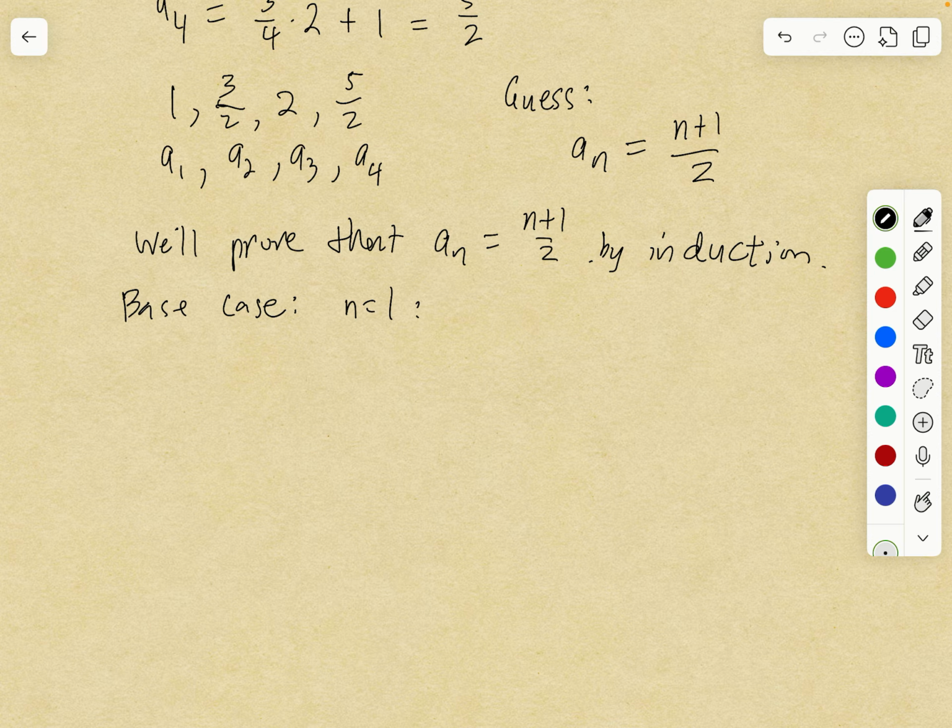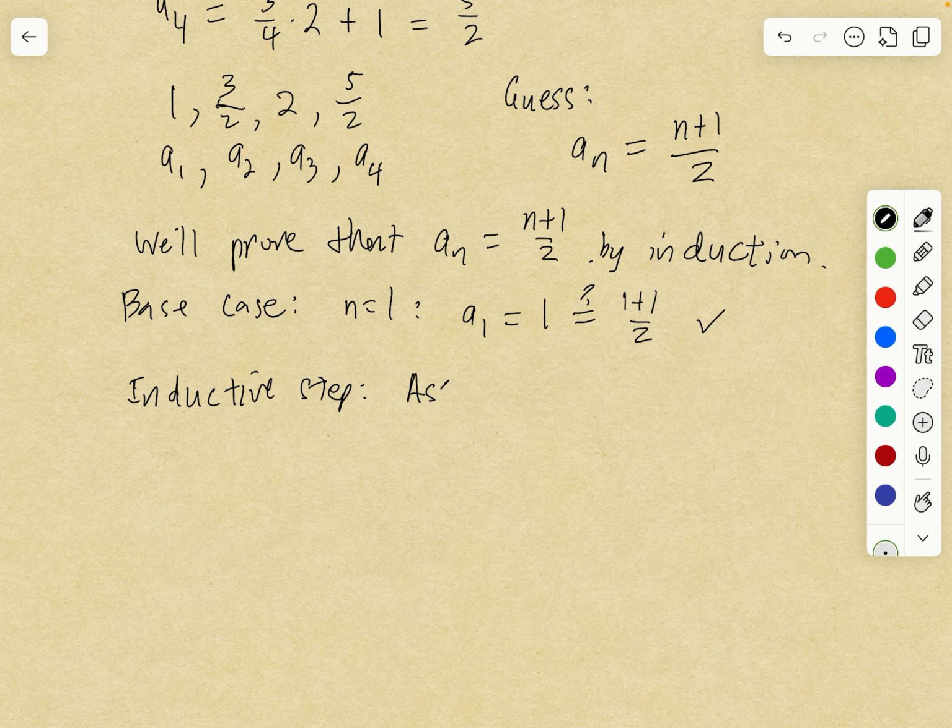Well, in that case, we're given that a sub 1 is 1, and is that equal to (1 plus 1) over 2? Well, yes, it is. So the base case is proved, and now we need to do the inductive step.